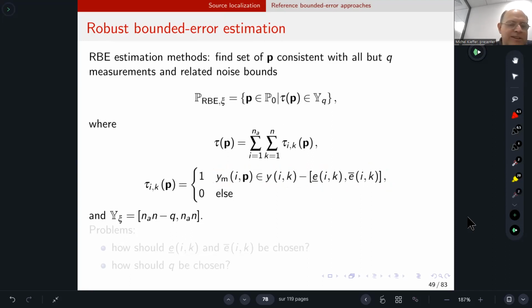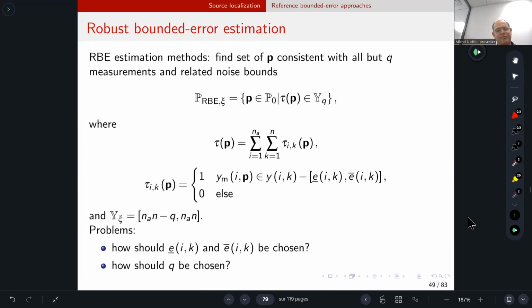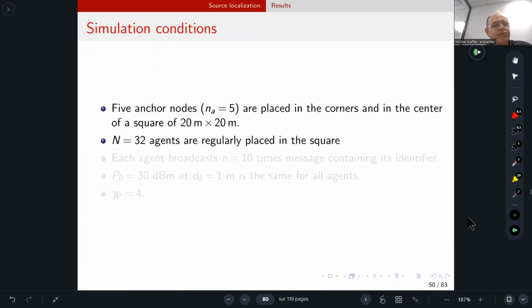And we have to select the proper number of measurements. NA times N is the total number of available measurements. And here you tolerate Q outliers, Q measurements for which this condition is not satisfied. We still have the question about the bounds, and we have the question about Q.